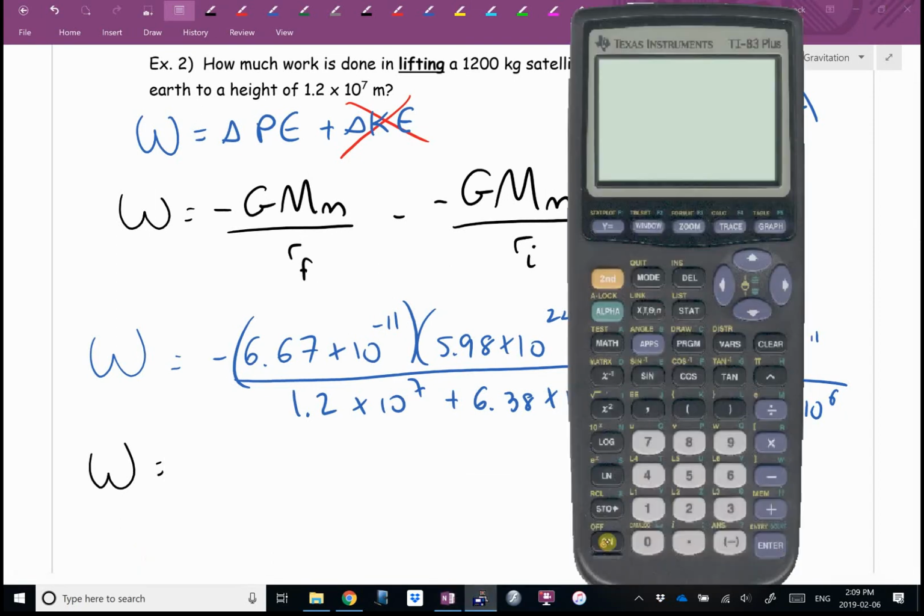So the first one is going to be negative 6.67, scientific notation, negative 11, times 5.98, scientific notation, 24, times 1200, divided by bracket 1.2, scientific notation, 7, plus 6.38, scientific notation, 6.